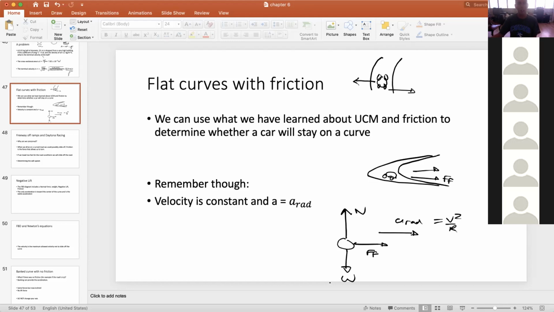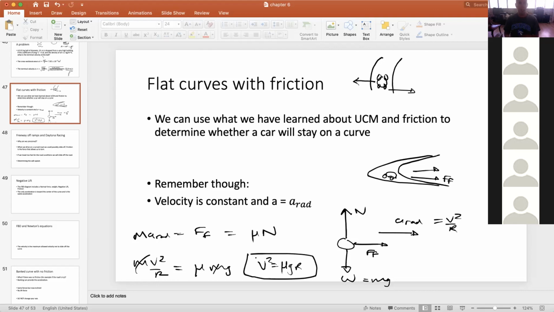That might be counterintuitive, but remember, when you're looking at a flat turn, there's N and W and a_rad. So you would have m a_rad equal to the force of friction, which is still mu N, right? So m v squared over r is equal to mu m g, canceling the m, v squared is equal to mu g r.